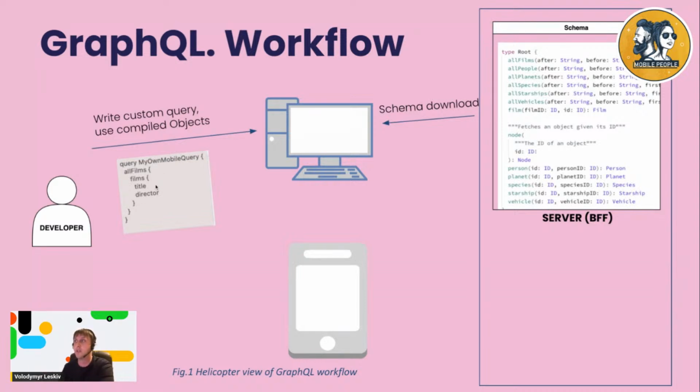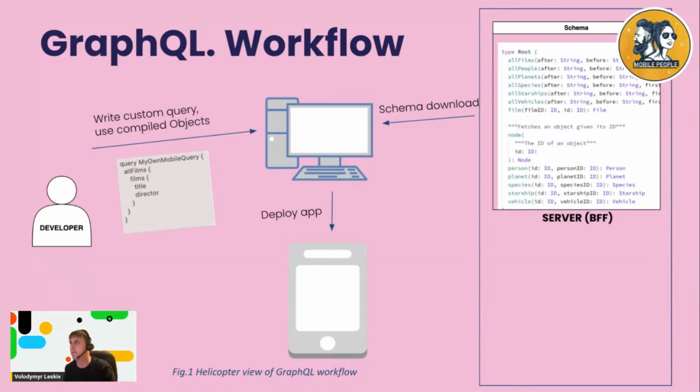This query will use the schema, and during compilation it will also be compiled into an object which the developer can then use in the application. So this query, my own mobile query, after compilation will be generated into the class MyOwnMobileQuery, which you can call from your code.